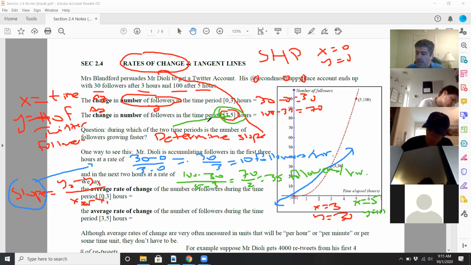Now the way we formally classify what we just computed is called an average rate of change. Actually, let me get a highlighter out, it's probably better.